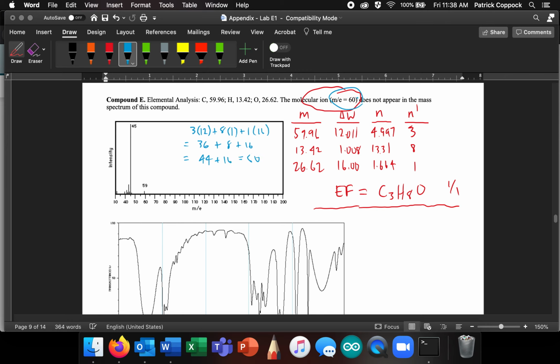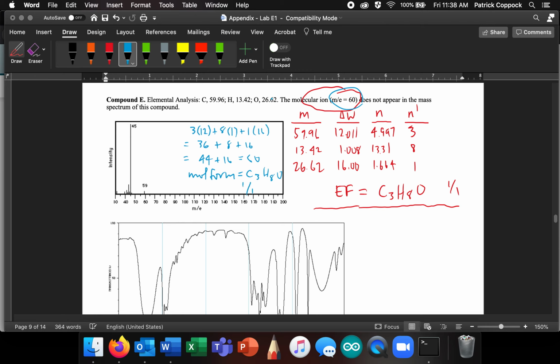And if the molecular ion is 60, then we know that the molecular formula is equal to C3H8O, okay? And that's my second point, 1 out of 1.